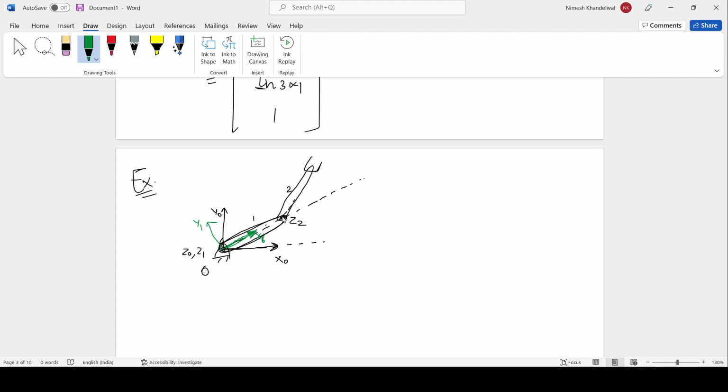Now to get y2 or x2, you need a z3. So we assign a frame that is parallel to the second frame.